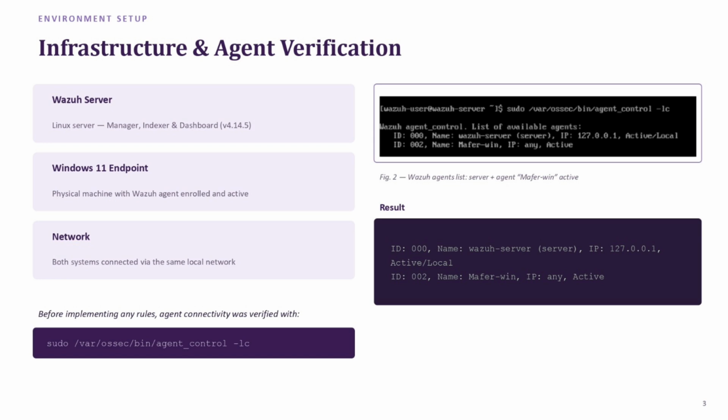Before creating any rules, I checked that the agent was really connected, and I used this command. As you can see in the screenshot, the results show 2 agents, the server itself and the Windows agent called Mafferwin, which was active. This confirmed that everything was ready to continue.